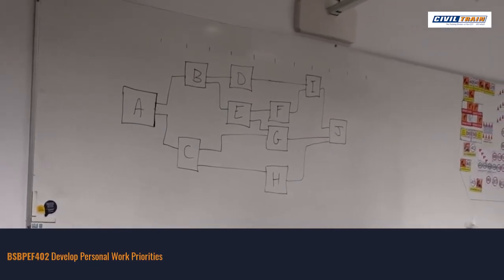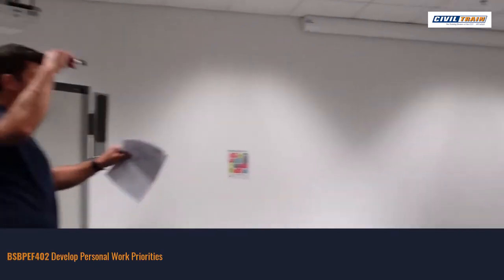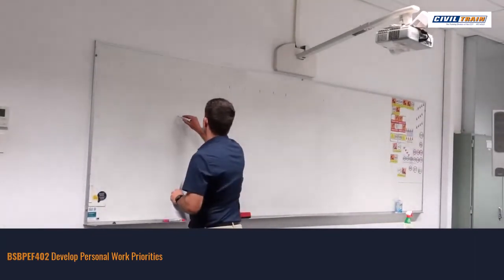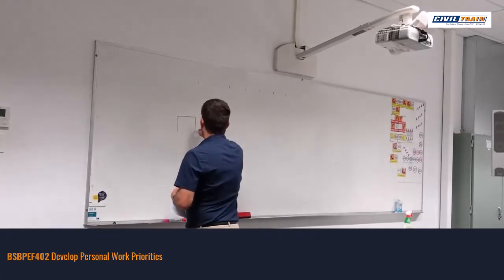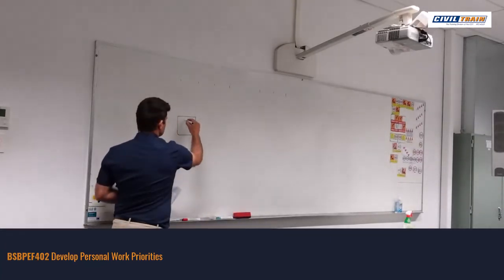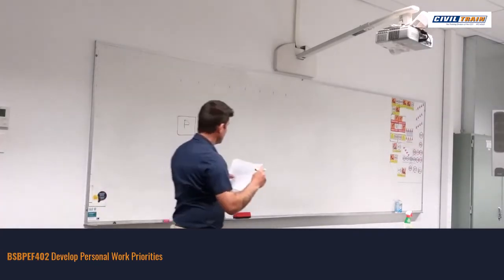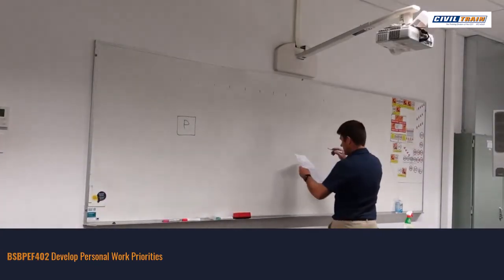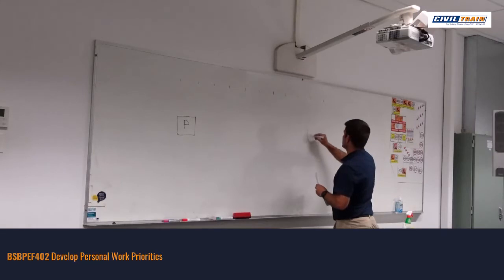You might have drawn it slightly different. You might have drawn letters in different spots, but it doesn't really matter. So we know the first activity is P, and pretty confident the last activity will be, you've all got S. Yes.